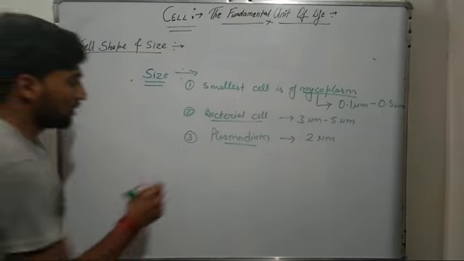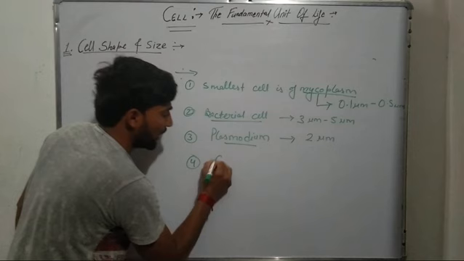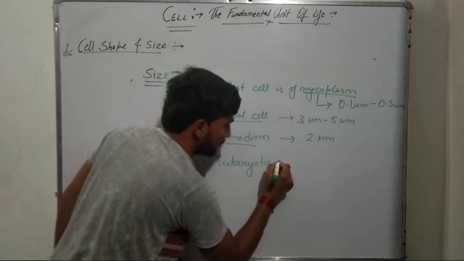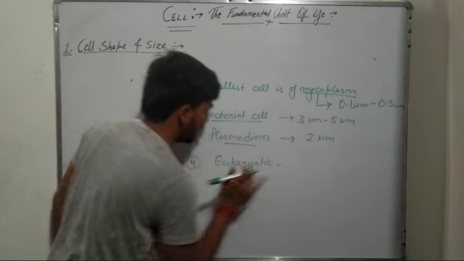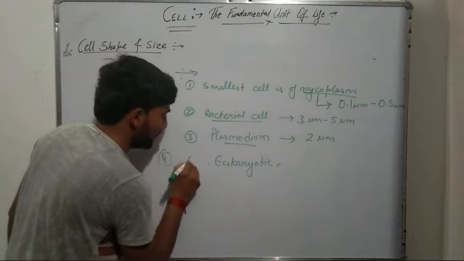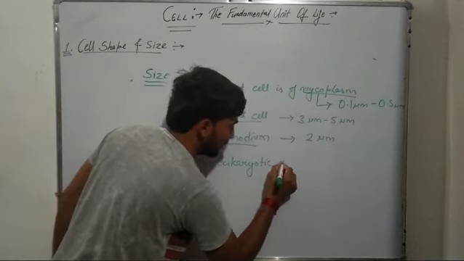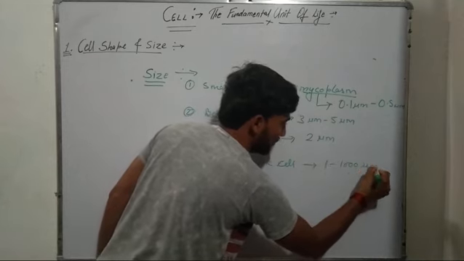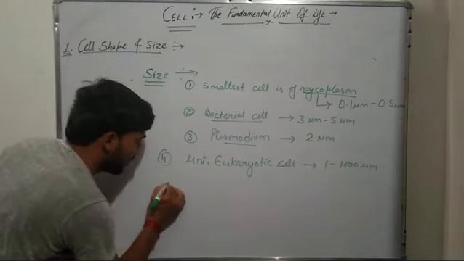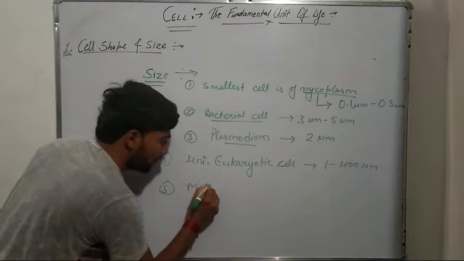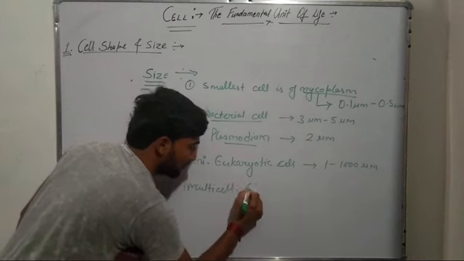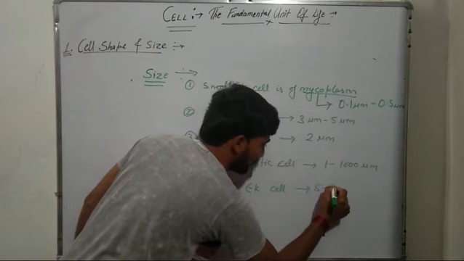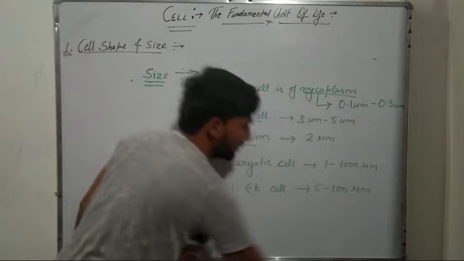Now the size of a unicellular eukaryotic cell is near about 1 to 1000 micrometers. The size of a multicellular eukaryotic cell is near about 5 to 100 micrometers.